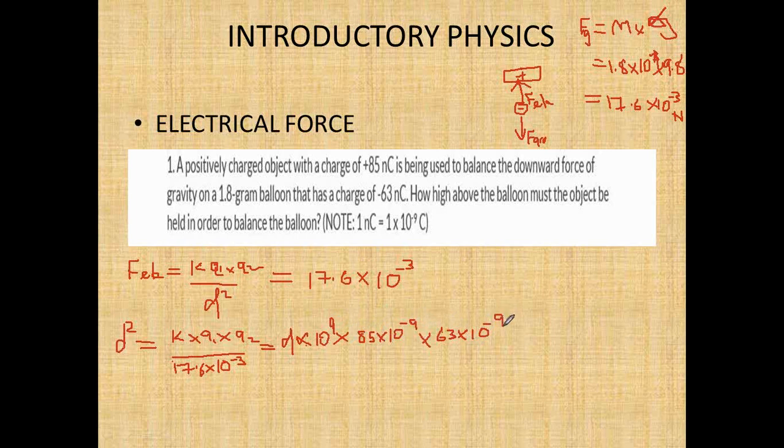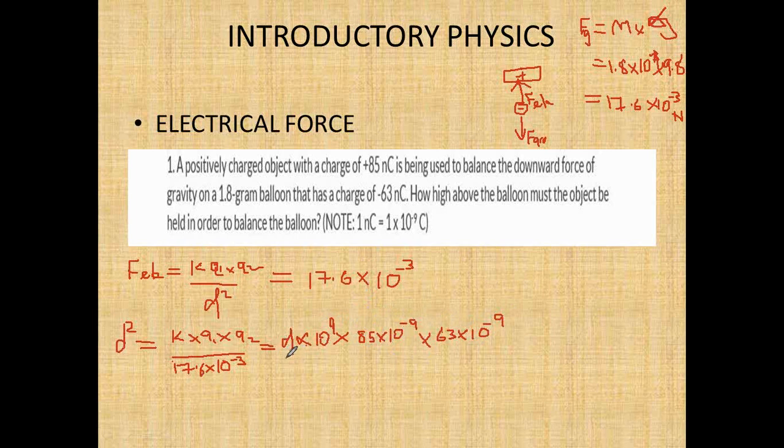Okay, so this just becomes a simple mathematical equation. We know that when you multiply powers, you add the powers. So this one will cancel that, and you're left with 10 to the minus 9. So this is 9 times 85 times 63.